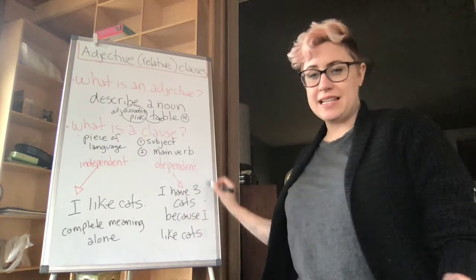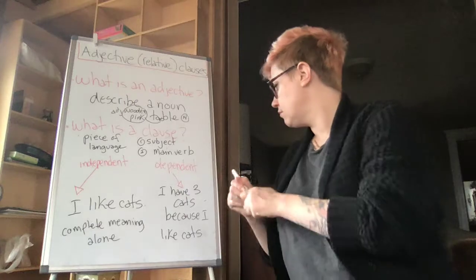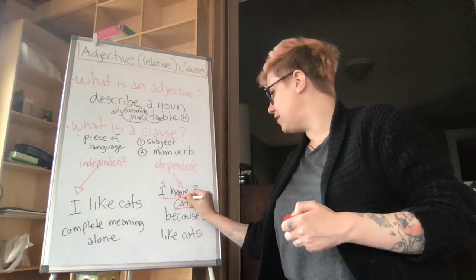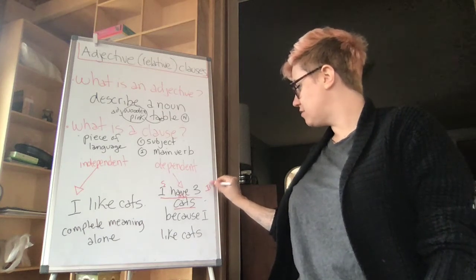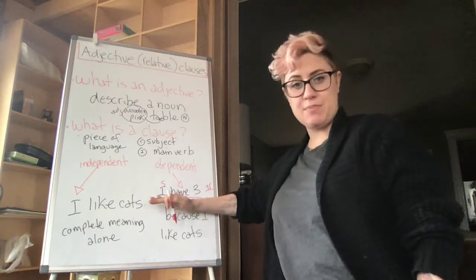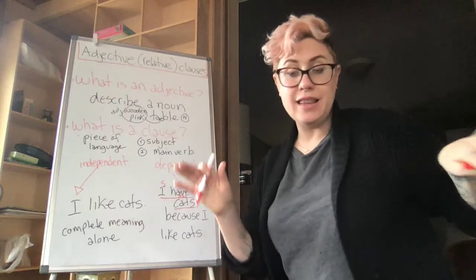So this sentence actually has 2 clauses. This first clause, subject, main verb, is an independent clause. You can have this piece of information, "I have 3 cats," alone. Like, it can live by itself.